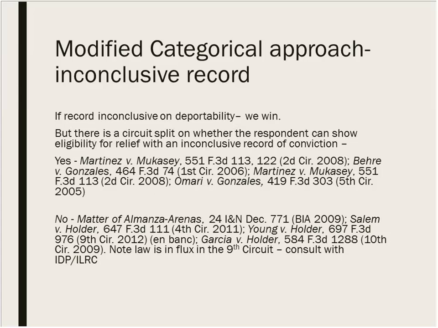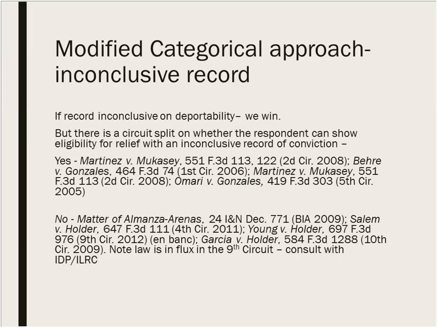For example, in the assault statute that we looked at, say nothing in the record of conviction makes clear whether your client was convicted of reckless or intentional assault, and DHS can't prove one way or the other whether it was reckless or intentional, you should win on deportability.